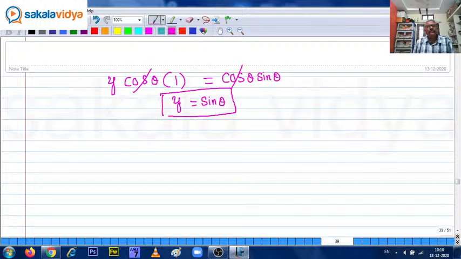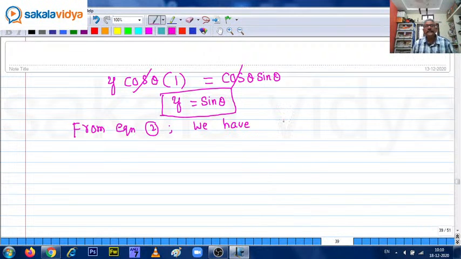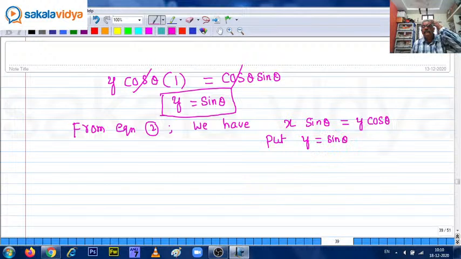So now from equation 2, we have x sine theta is equal to y cos theta. Here put y is equal to sine theta. So now what do you get here? x sine theta equals sine theta into cos theta.